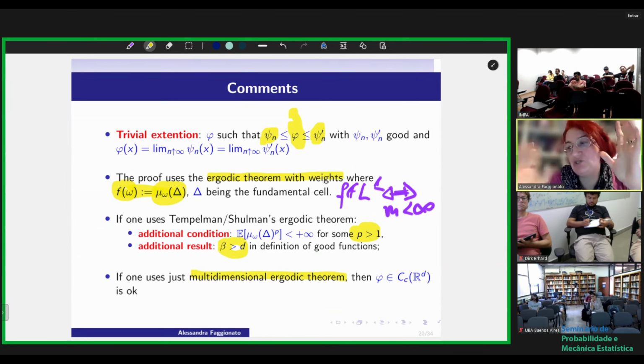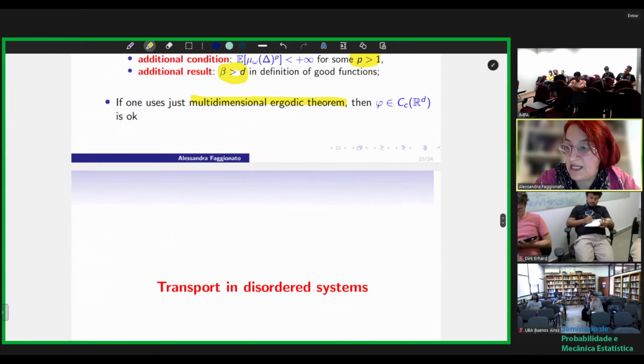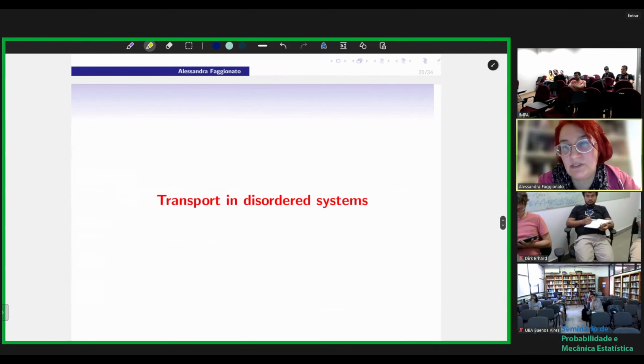Okay, so I've shown you an ergodic theorem in the abstract setting with weights. I've shown you an application, which is an ergodic theorem for random measures. And this ergodic theorem for random measures has application to homogenization, to transport in disordered systems. And indeed, the story starts from this, at least my story.